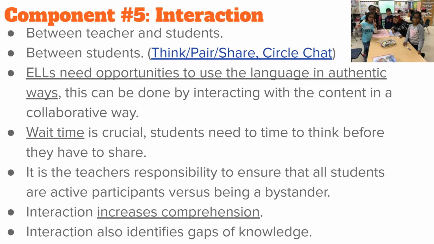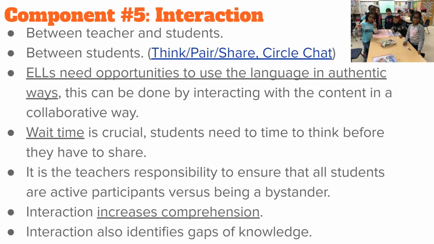Also, it's the teacher's responsibility to monitor students' participation. So some students would be comfortable with never speaking and sitting and listening or tuning out the person that's talking. The teacher has to intentionally monitor that everybody is able to practice speaking.